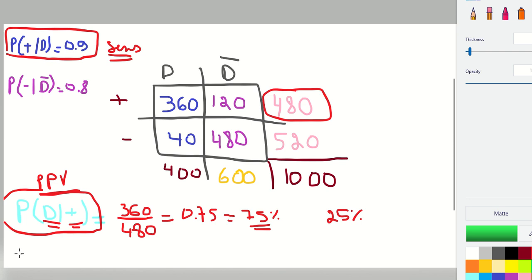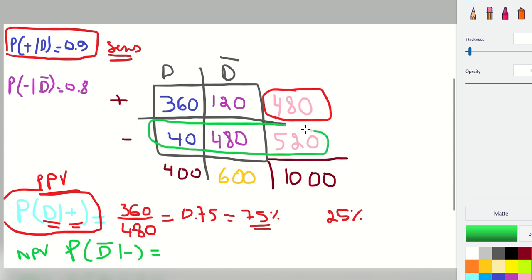And similarly, there is something called the negative predicted value, and this is the probability that you are healthy if in fact you tested negative. So the condition is testing negative, so we're only going to look at those that tested negative. I'm going to divide by 520, and the success here is being healthy, which is 480.